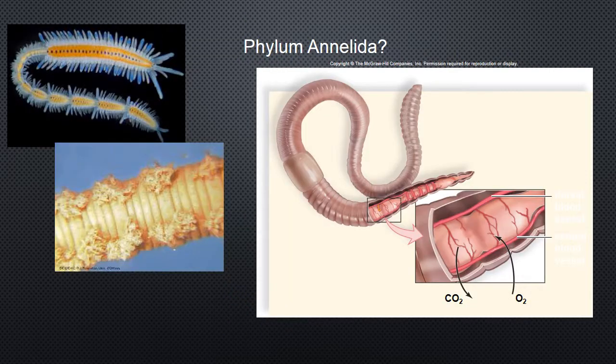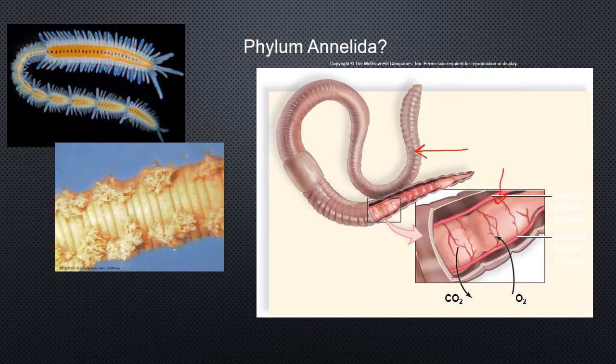All right, phylum Annelida. So we have talked about how they have this lovely vascular system, right, where they can deliver nutrients and waste and gas exchange across those particular membranes, but it is still through diffusion through the skin is where all of that is taking place.